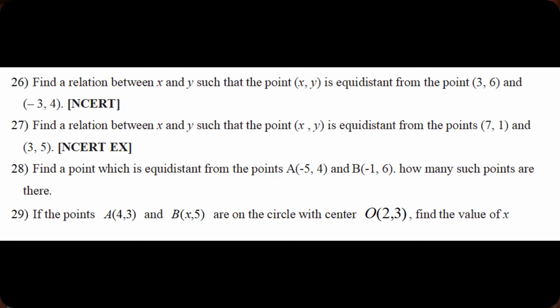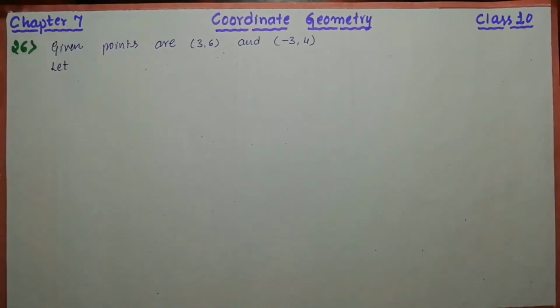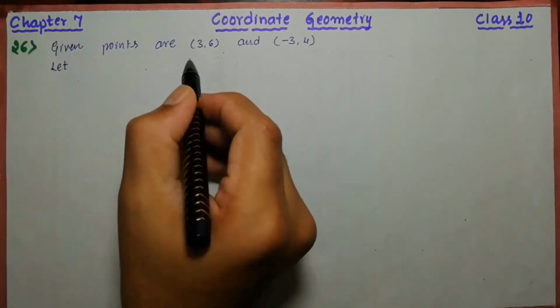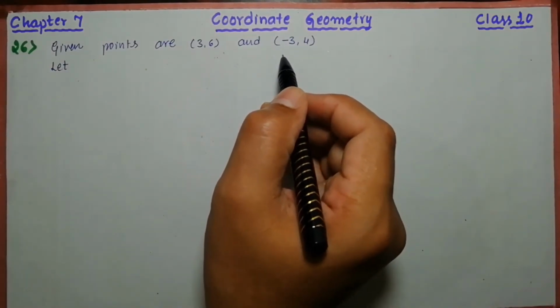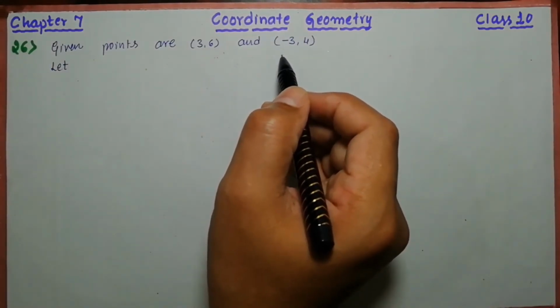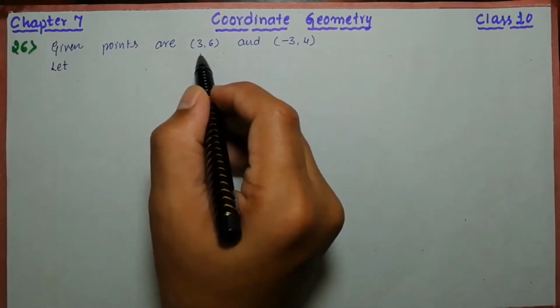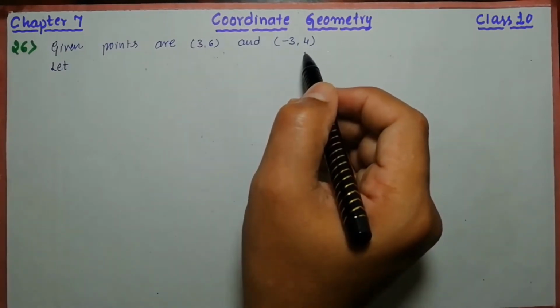So now I'm going to solve question number 26. Look at the solution. The given points are 3 comma 6 and minus 3 comma 4. I'm going to take the point which is equidistant from these 2 points as P, and its coordinates as x comma y.